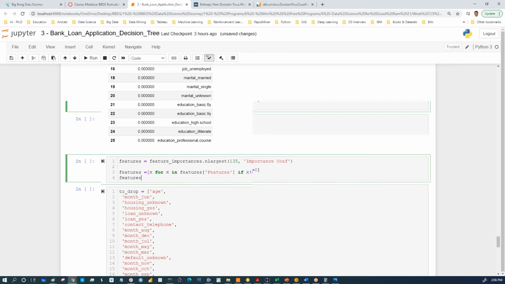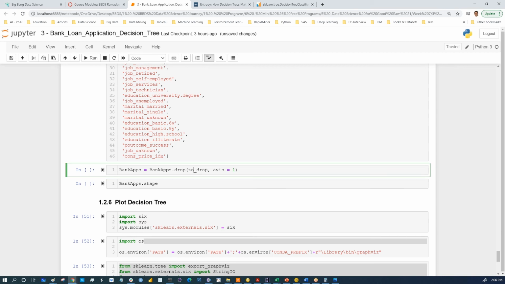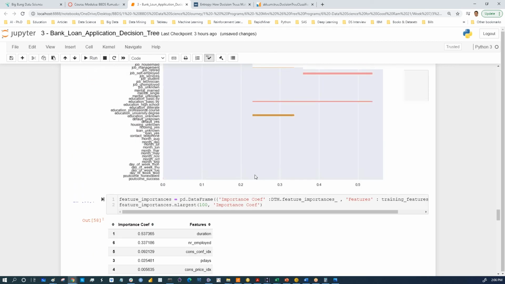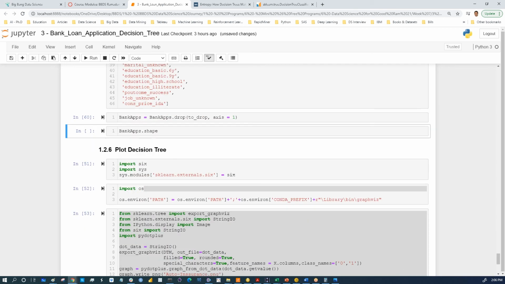and this is what I did here. I created a list called to drop, and I dropped them. So when we drop them, we overrode the existing data with the new features.